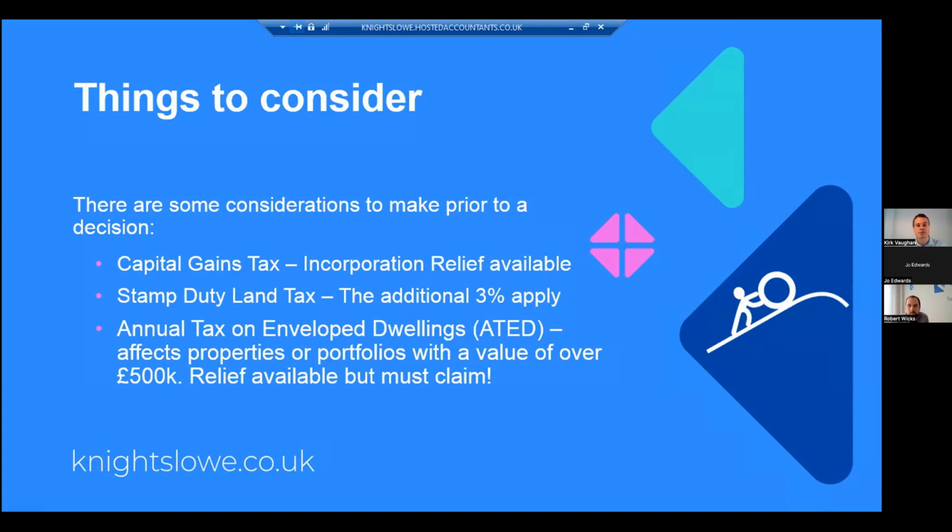Now, without this relief, there could be quite a significant tax liability, because typically we'll find that people with a substantial property business have held those properties for quite a number of years, and the value of that property has gone up quite significantly over the last 10, 15, 20 years or even longer. If we didn't have this relief, then, like I say, there would be a large tax liability, which would make the transfer probably unviable.